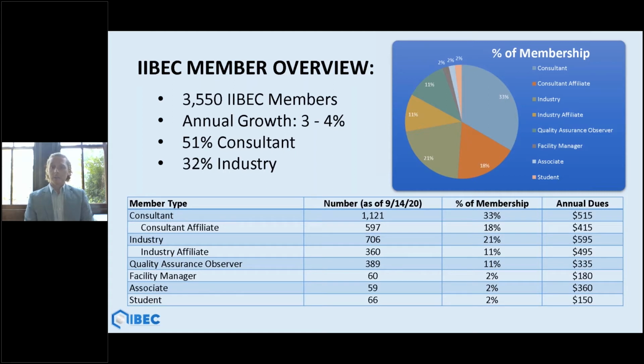Our consultant members are engineers, architects, building enclosure consultants, folks that work for design firms or other consulting focused professional groups. And you can see here our professional types, the numbers, percentage of the organization. Again, this is a snapshot, it changes, but I wanted to provide everyone with an update with where we are as an organization for professional membership.